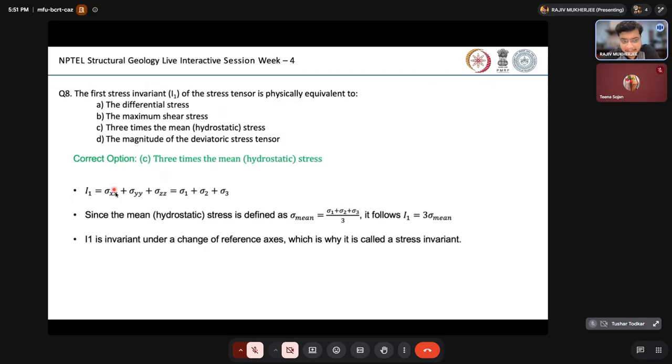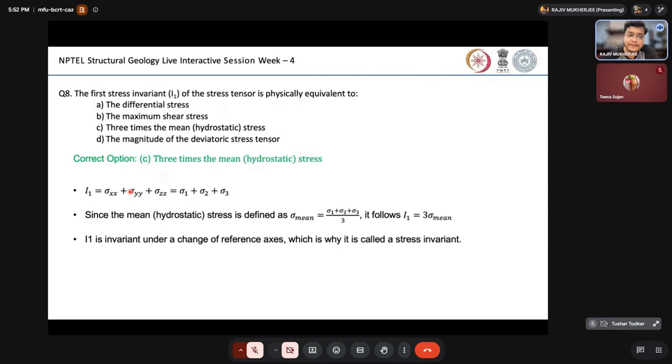But the main difference is that the differential stress is the difference between the largest and the smallest principal stress. So differential stress is essentially sigma 1 minus sigma 3, and deviatoric stress is the difference between any of the principal stresses and the mean stress.